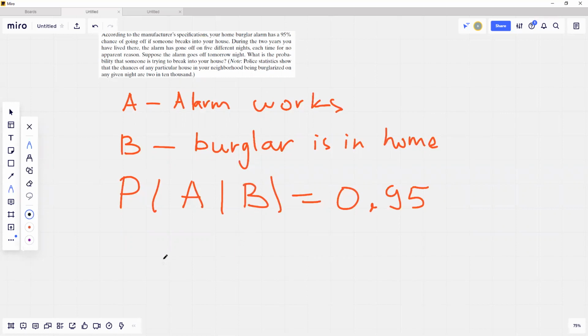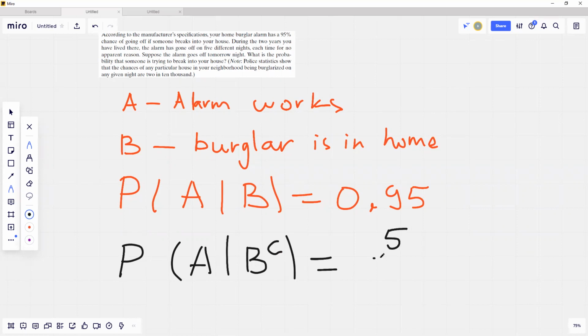So the next sentence defines the following probability. The probability of the alarm going off when your house is not being burglarized is given as 5/730.